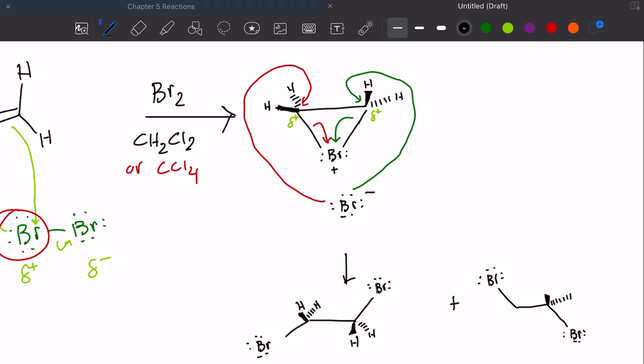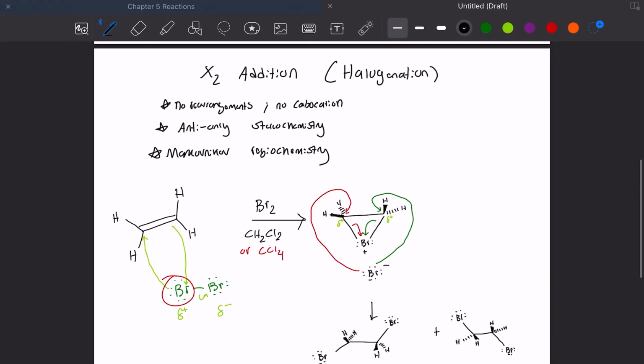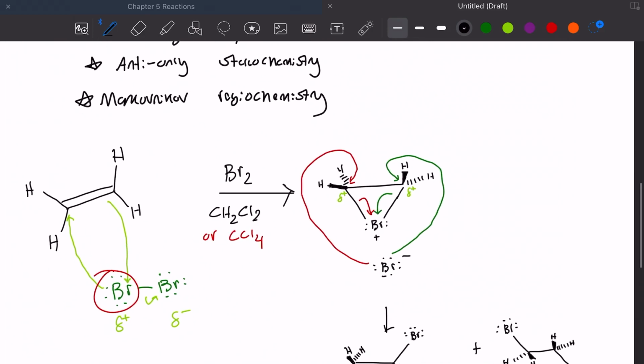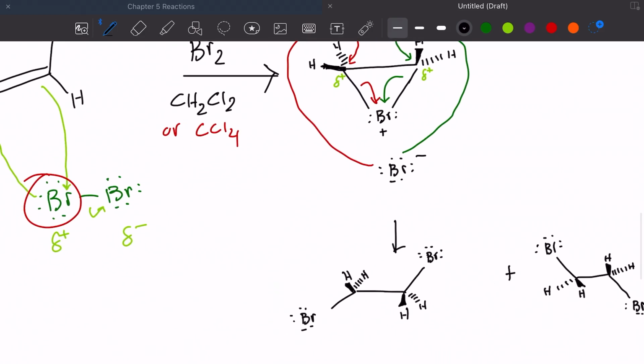If you watched my last video about assigning R and S configurations, this does come into play when trying to figure out if they're enantiomers, diastereomers, or meso compounds. We can make more videos in the future explaining those, but for the simplicity of this video, just know that there are different ways the bromine could add, and it is important to know the different products it can make. But basically, this is what you're going to get.